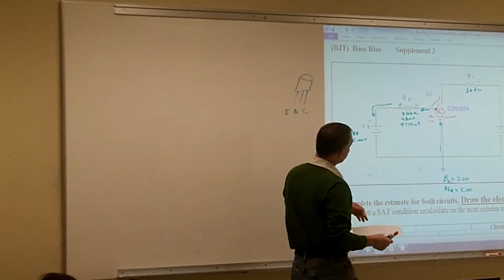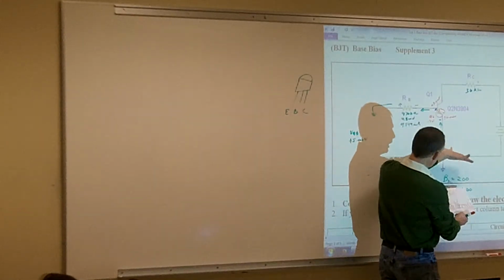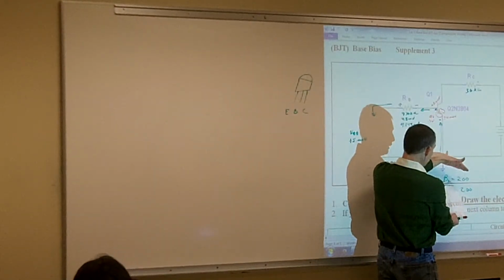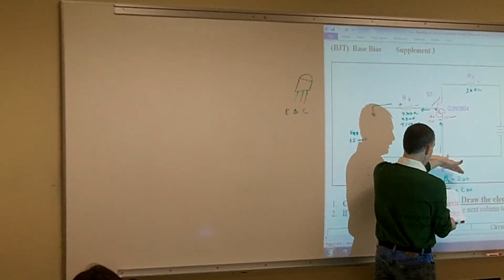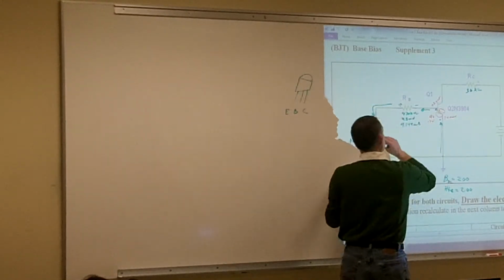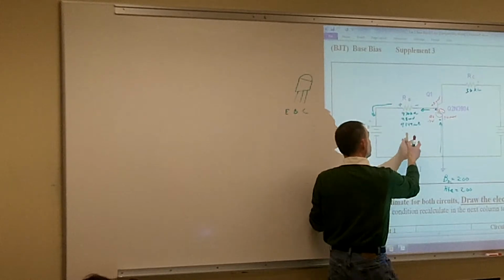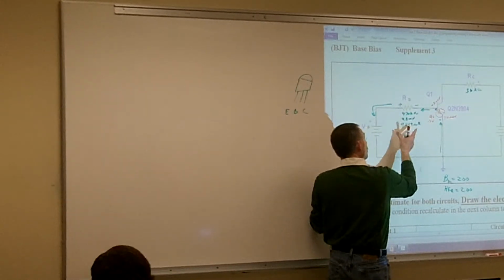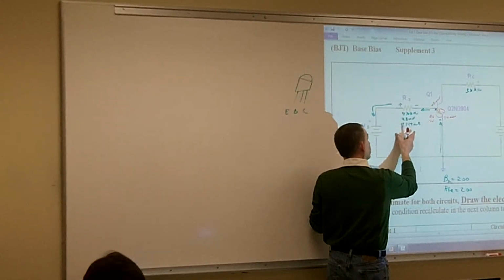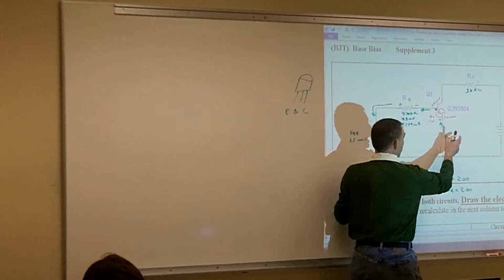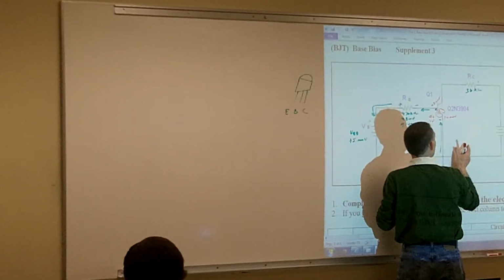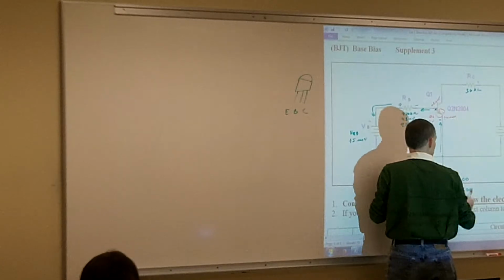All right, so for our approximations, we're going to take our beta DC. And remember, these are current-driven devices. So whatever our current is in our base, it's going to be multiplied by 200 times going from our emitter to collector.